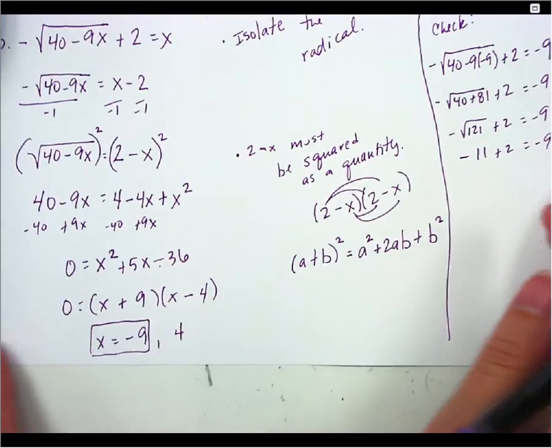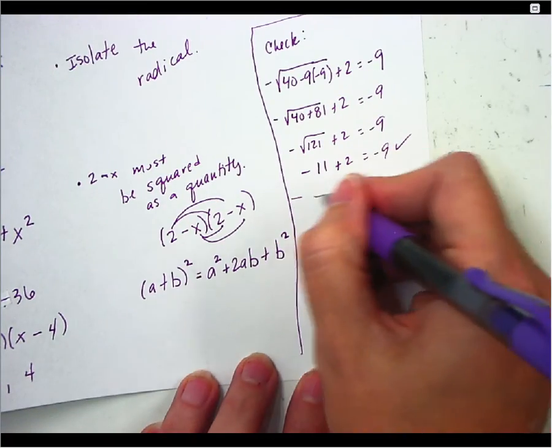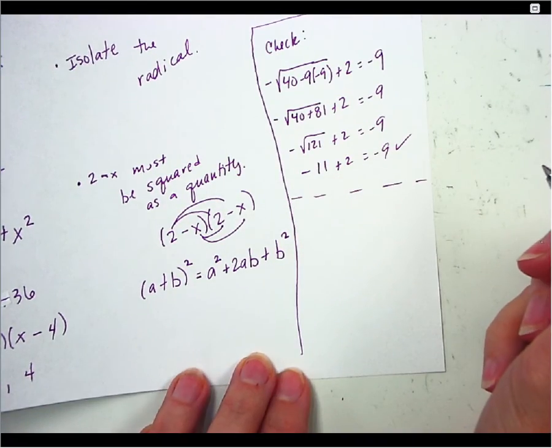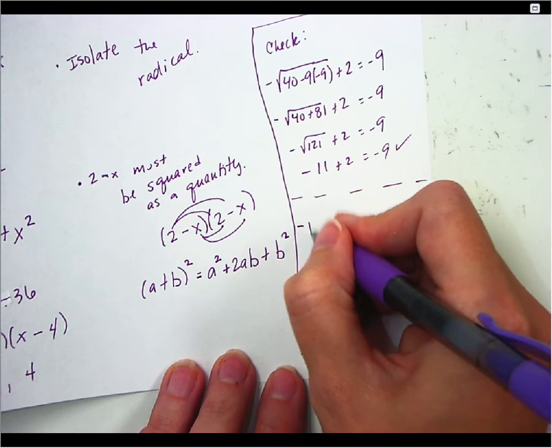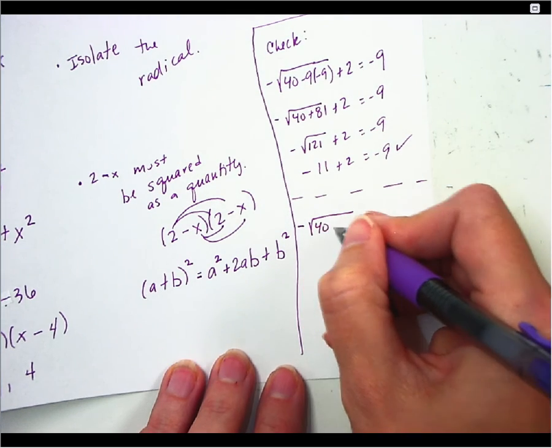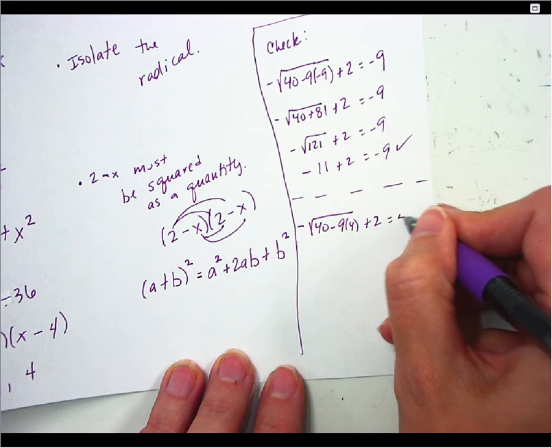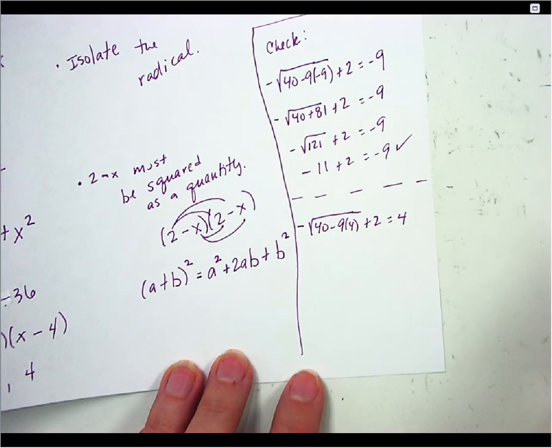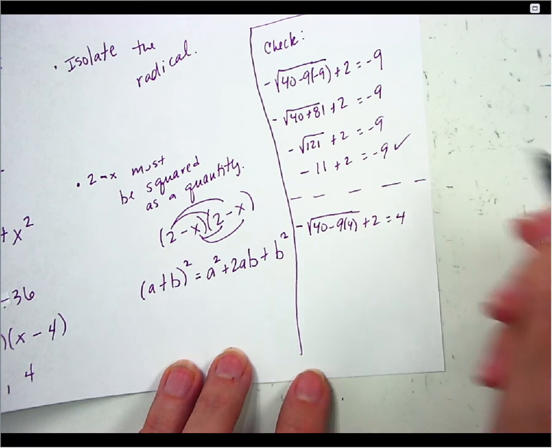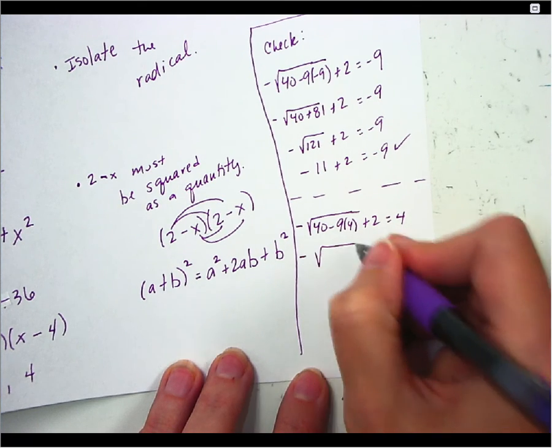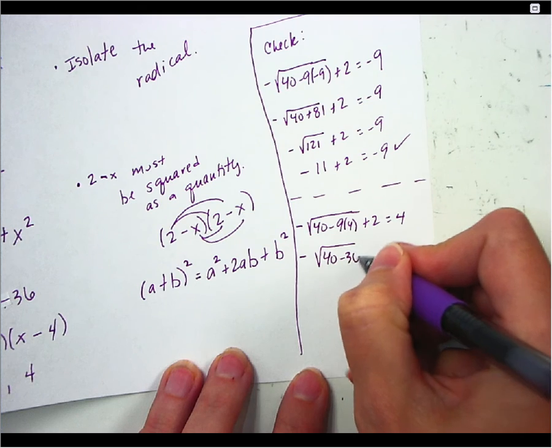All right, and then we'll take a second to check 4. So negative square root of 40 minus 9 times 4, plus 2 equals 4. Okay, so same thing, just start simplifying it down.